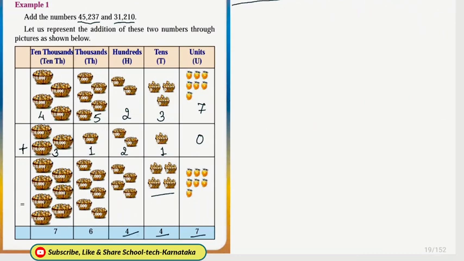At thousands place we have 5 plus 1, we get 6. And at 10,000s place we have 4 plus 3, that is 7. So our answer is 76,447.